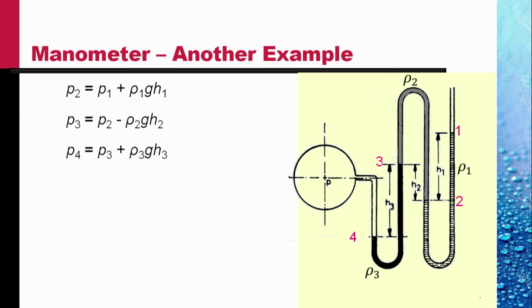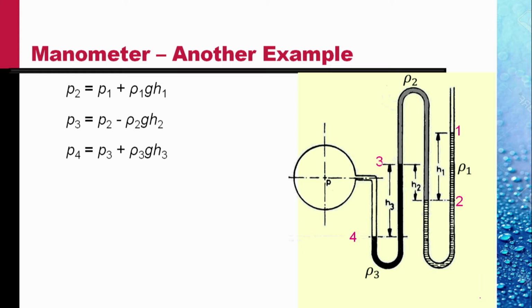In the second limb from the right, the pressure at the level 2 is the same as P2. And so the pressure in this middle limb at the level of point 3 would be lower than the pressure at 2 by an amount rho 2 g h2. So P3 can be written as P2 minus rho 2 g h2.